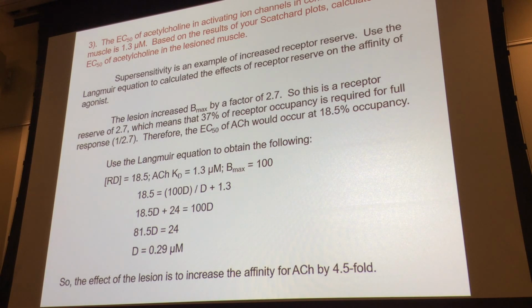That's why the cells do it, because the more receptors you have, the lower the concentration of agonist is going to be. And when I talk about receptor reserve, I like to use a target practice analogy. I don't know if you guys talked about this in class or not, but if you set up a bunch of tin cans on a fence and shoot them with a BB gun, if you only have 3 or 4 cans on the fence, you're not likely to hit anything.